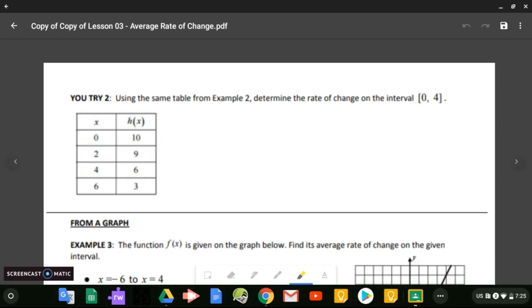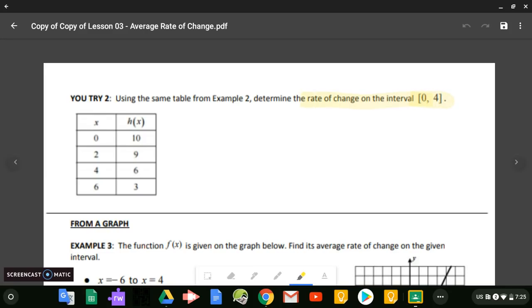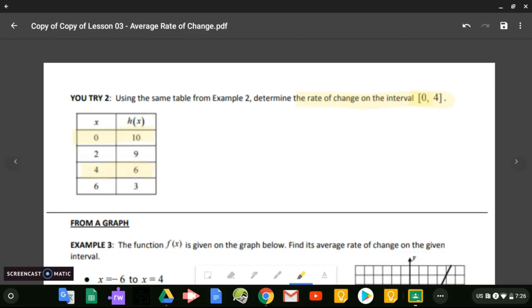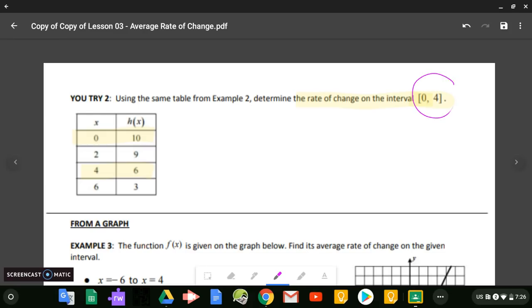Okay. So at this point, you've tried the example, and you're ready to go over it. So they want us to take the rate of change from the interval from 0 to 4. So I hope you're noticing that as we do this, we're always given the x values that we're using for the interval, and we use the table to look up the y's that go with it. So the points that we're using are 0, 10 and 4, 6.